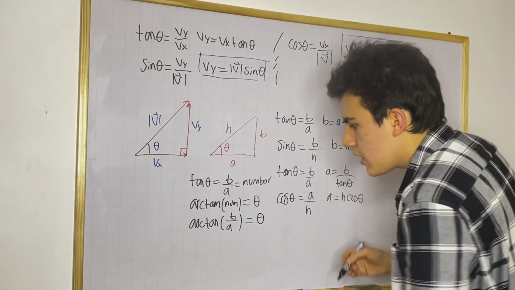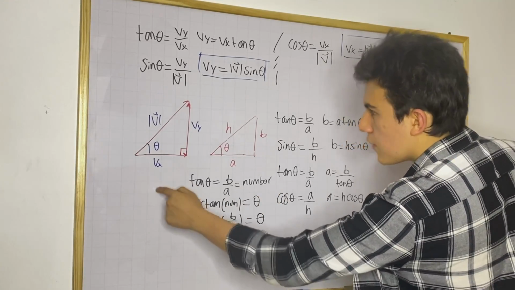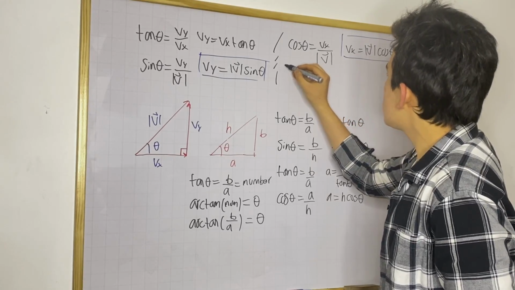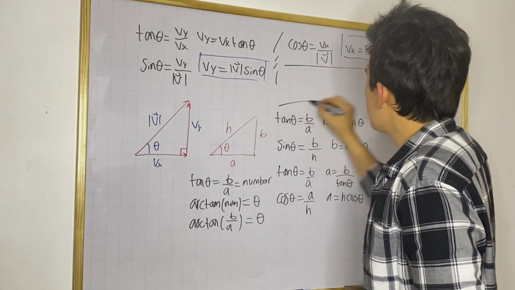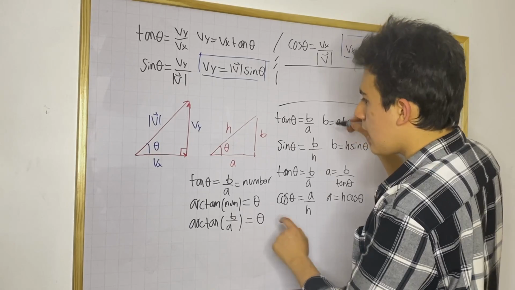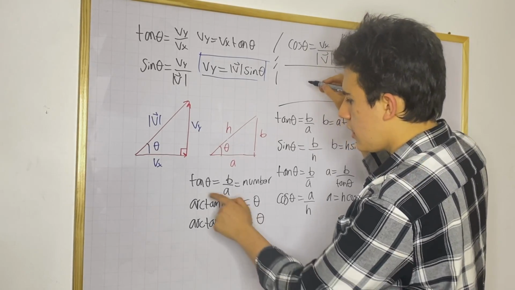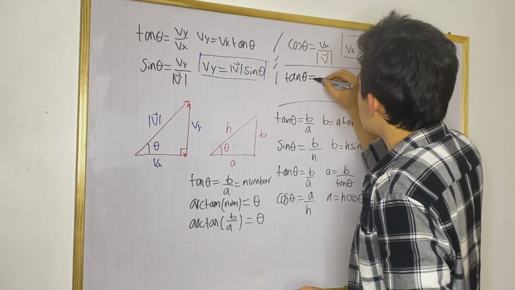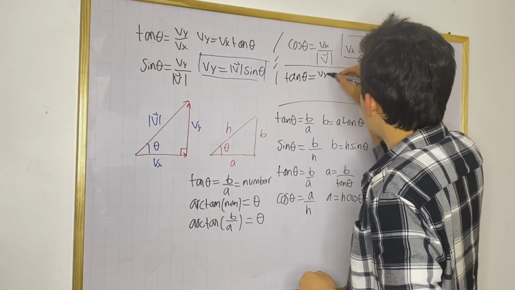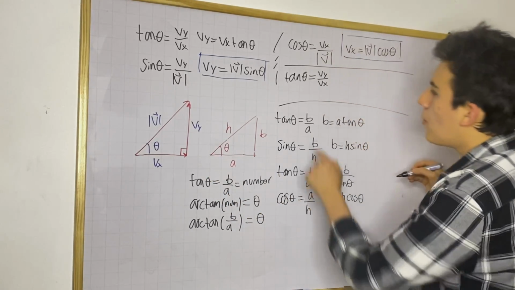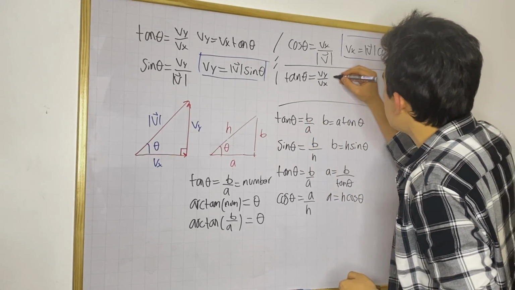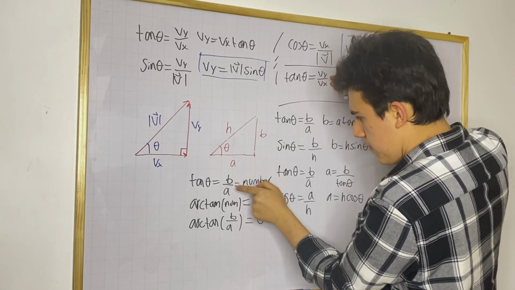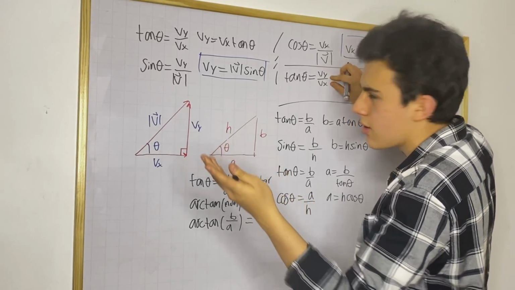Now, if we wanted to bring this notation to the physics side, how can we do that? Let's try it like this. Actually, let's go all the way to tangent. If we have that tangent of theta is equal to Vy over Vx, and we wanted to find theta, remember this fraction is going to give us a number, the same way b over a gave us a number.